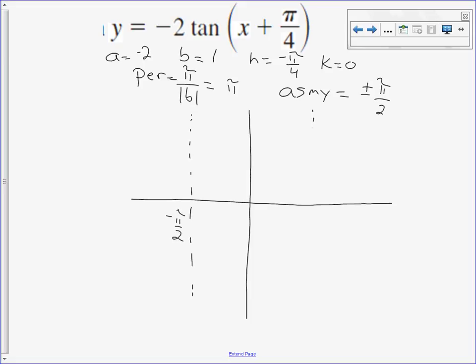Here's positive pi over 2. Remember, that just means that the distance between these two is your period. It's pi. The parent graph of tangent always goes through the origin, so I know that I can put a dot here right away.